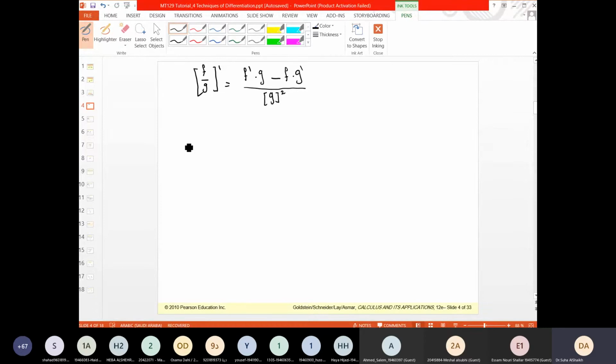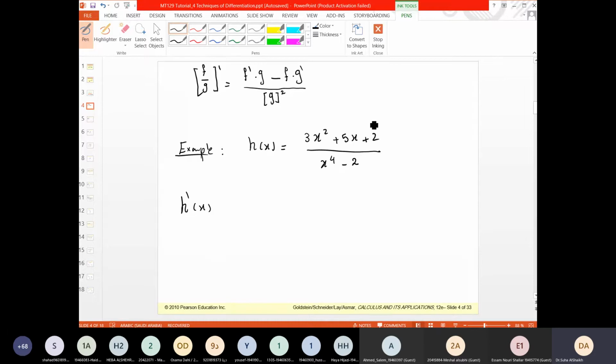So this is the rule. For example, if I give you this function, let me call it h of x, equal to (3x^2 plus 5x plus 2) divided by (x^4 minus 2). I want you to find h dash x.